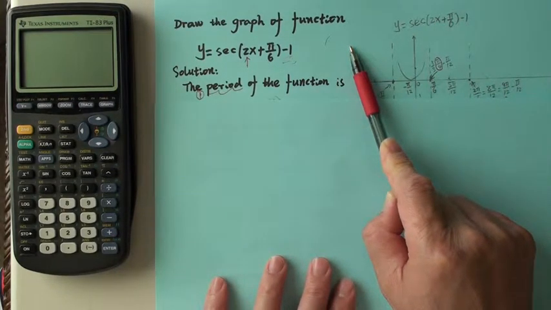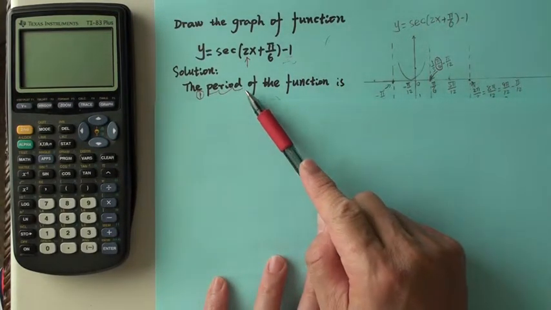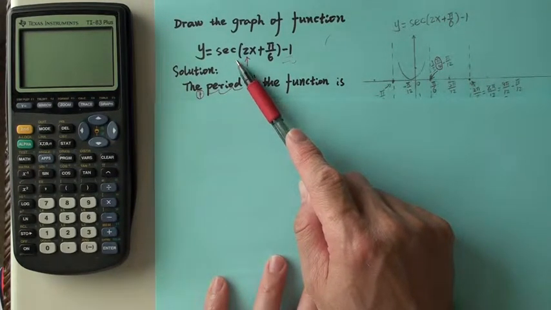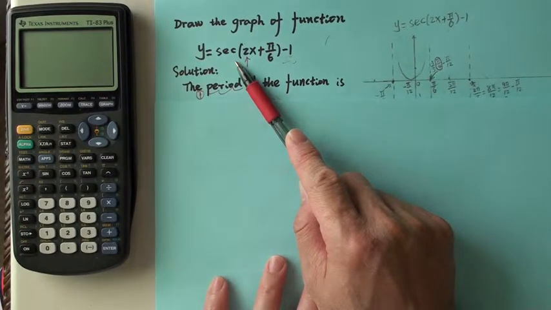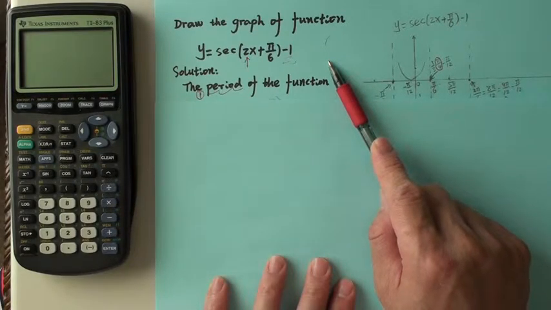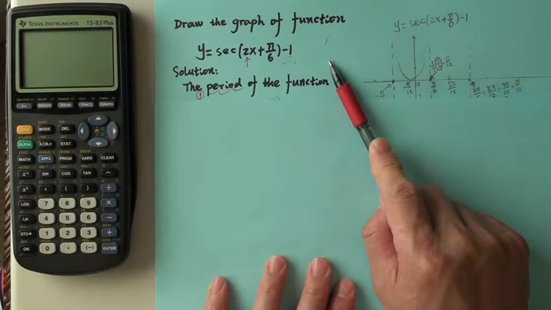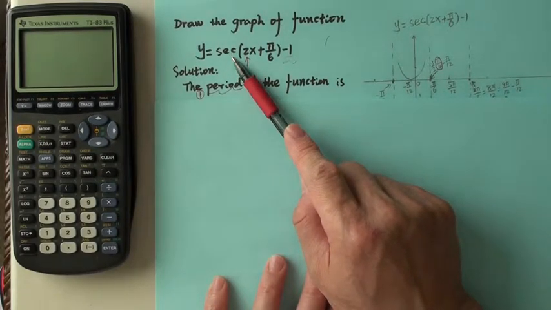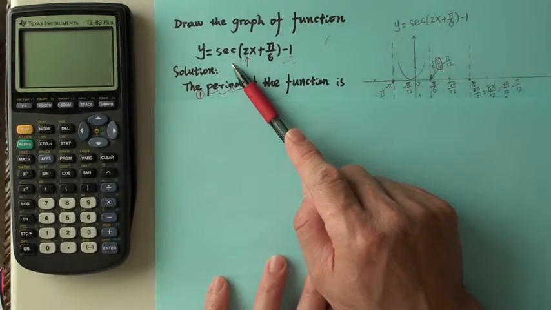First of all, we have to figure out the period. We know secant has the period 2 pi. Secant is the reciprocal of cosine, so cosine has the period 2 pi, and secant will have the period 2 pi.